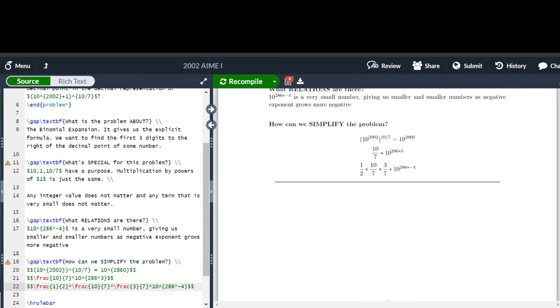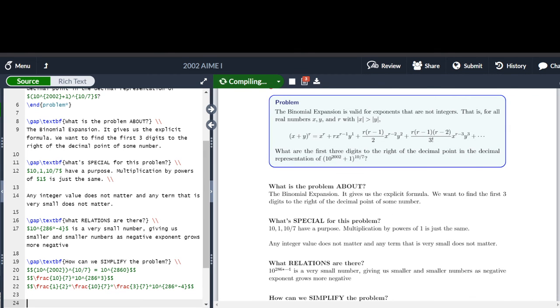But how can we be sure that just the combination of some of these terms, or maybe just one term in particular, is large enough to influence the first 3 digits? So we must look at the coefficient, this coefficient.